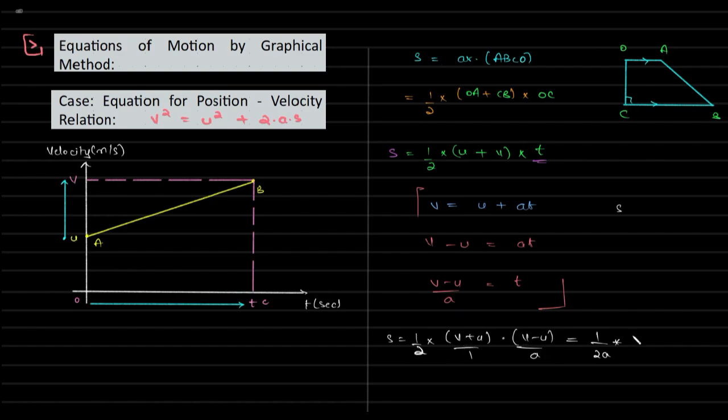And in the numerator we have V plus U into V minus U, which is V square minus U square. So S is equal to 1 by 2A into V square minus U square. So 2AS is equal to V square minus U square. Rearrange this, 2AS plus U square is equal to V square. And that is your final expression.